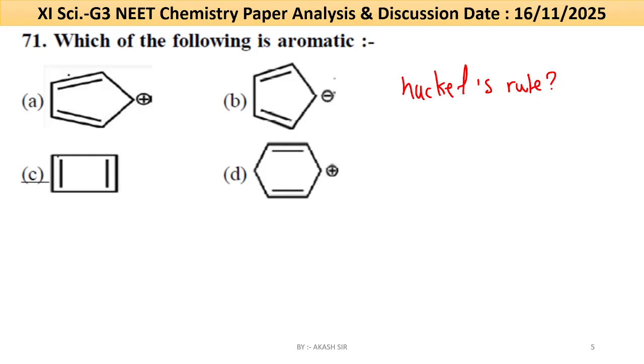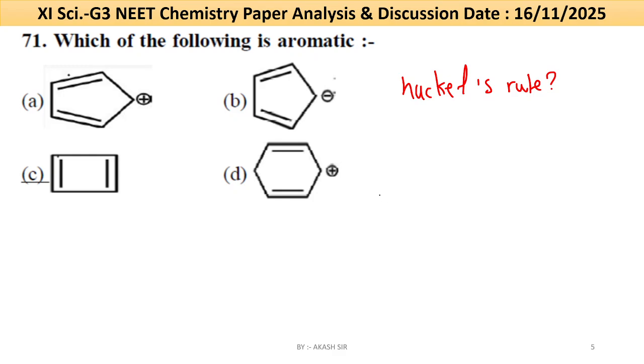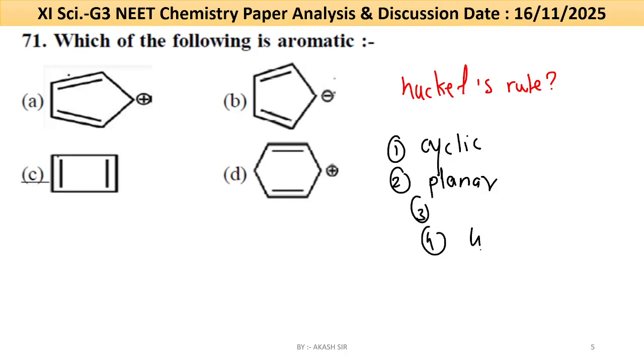According to Huckel's rule, a compound is aromatic if, number one, it is cyclic, number two, it is planar, number three, it has conjugated, continuous p orbitals around the ring, and number four, it has 4n plus 2 pi electrons, where n is an integer.